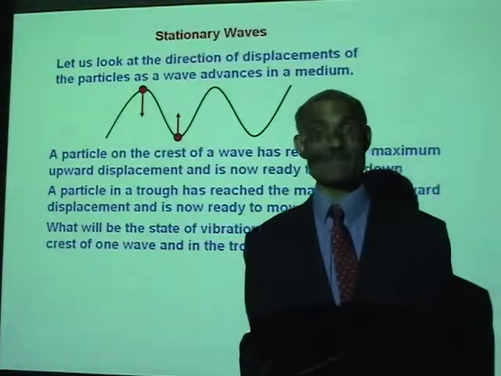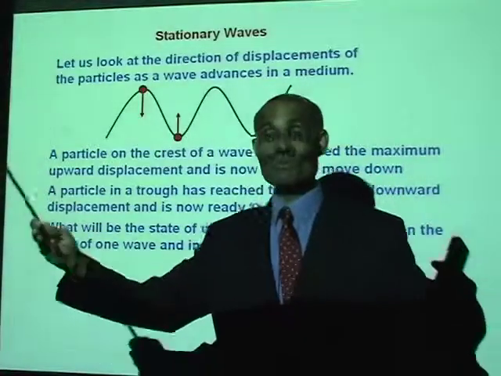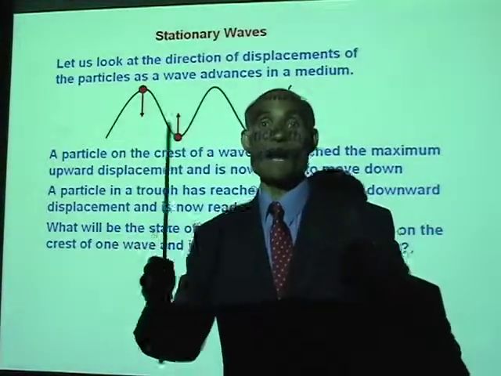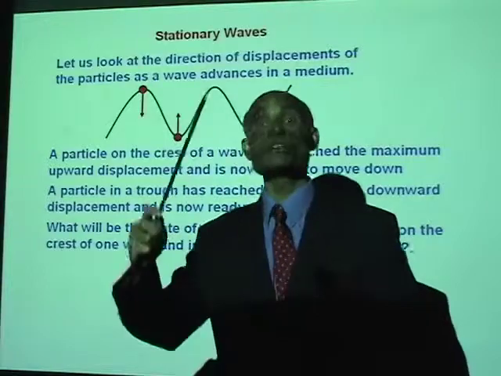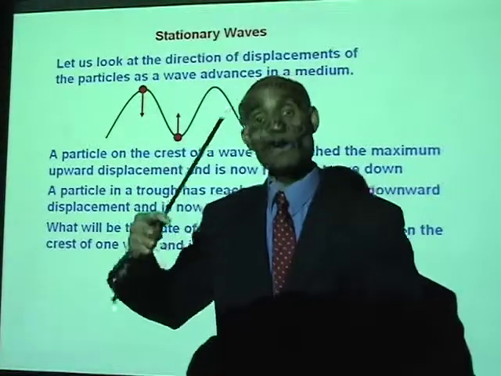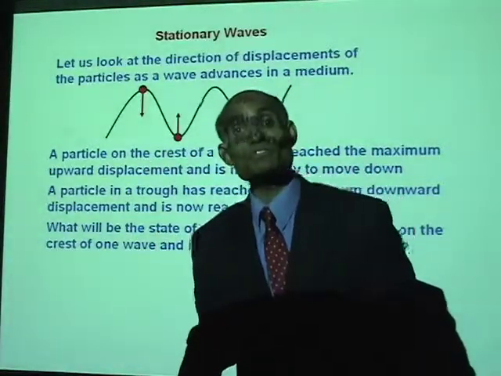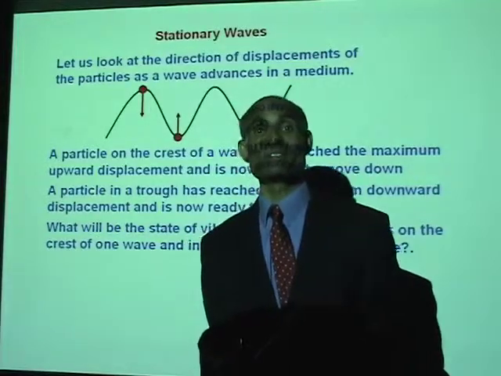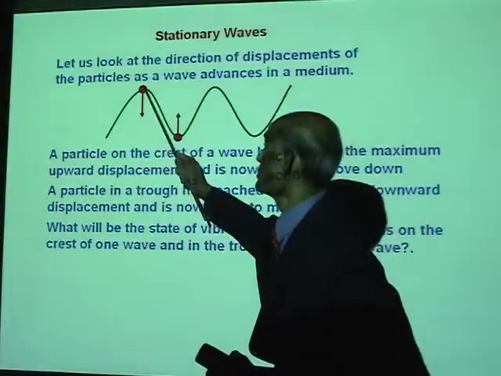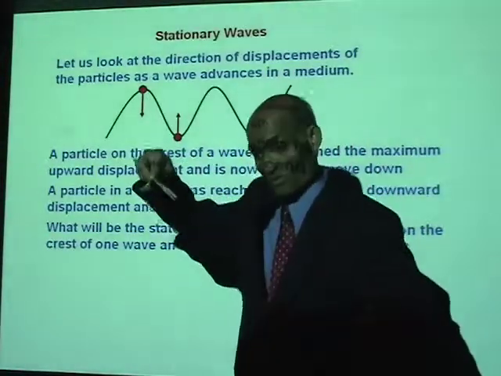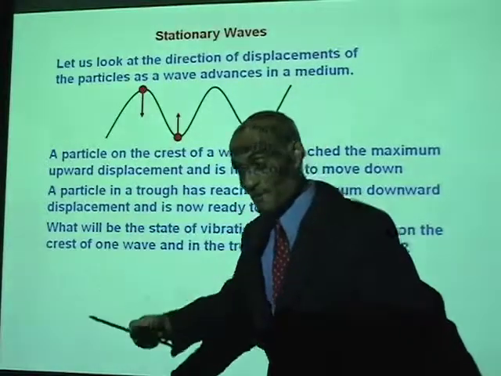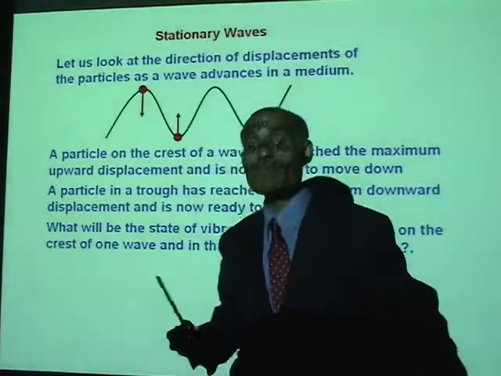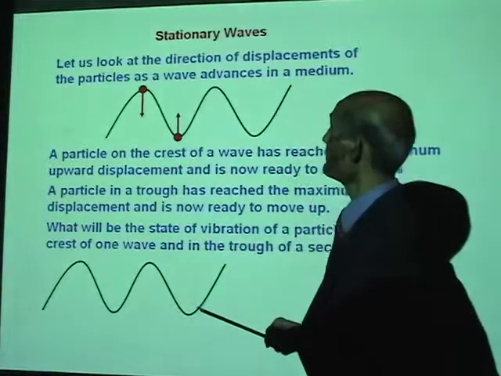We talked about that. Now, suppose there are two waves and a single particle is on the crest of one wave at the same time the trough of the other wave. That means due to one wave it wants to move down and the second wave wants it to move up. What will the particle do?